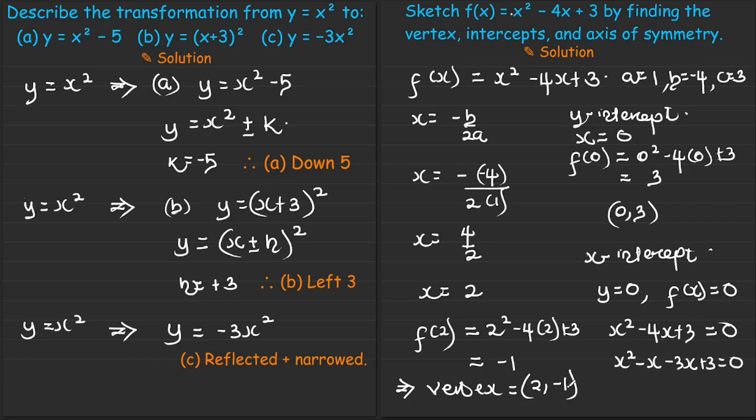If you are using a calculator, you can just punch it out and get the roots. So after this, we are going to get x minus 1, if you want to factorize, and then x minus 3 is equal to 0. Solving for the x's, we have x being equal to 1, and then x being equal to what? 3.